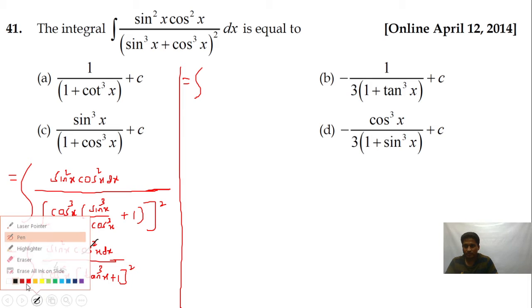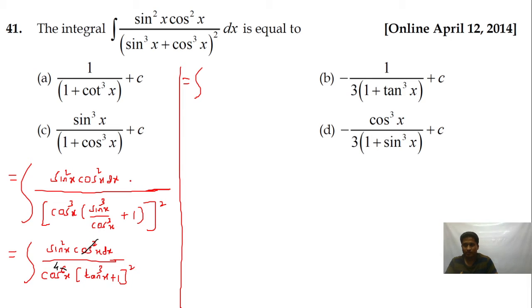So what is left out now is the integration of sin square x dx upon denominator cos power 4x into 1 plus tan cube x the whole square. Now let us bring it to the standard form.